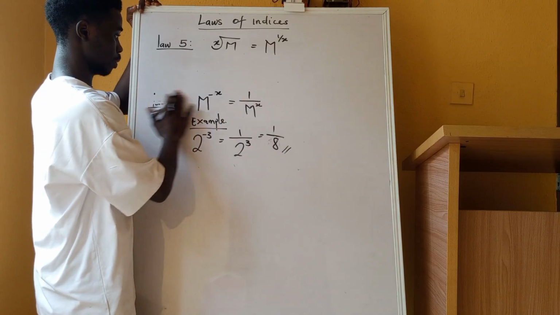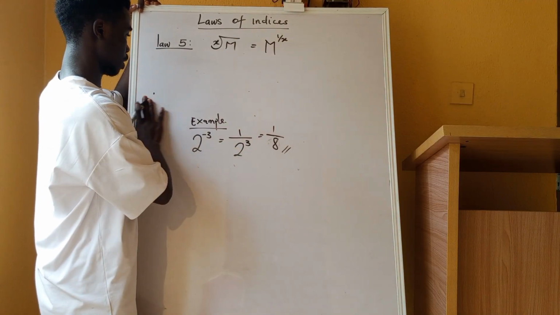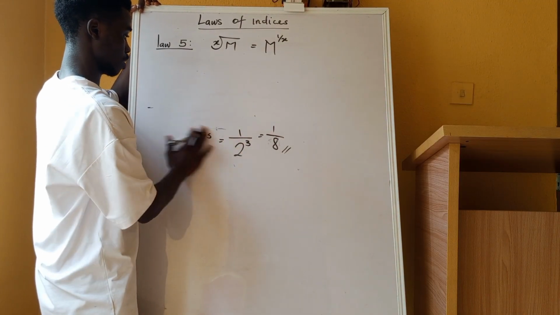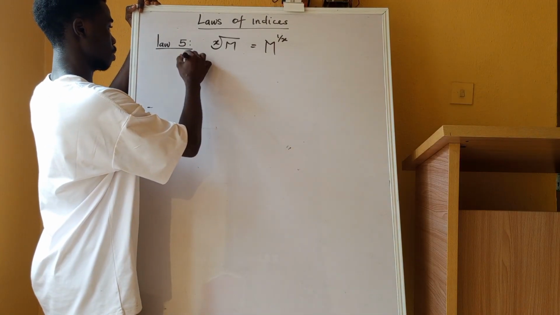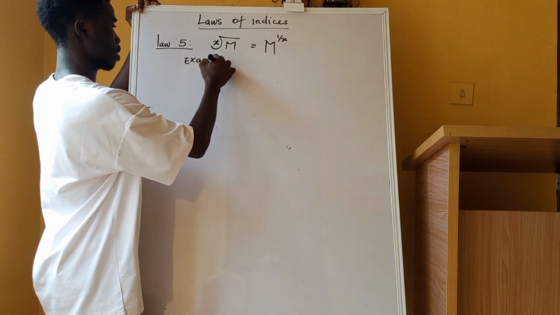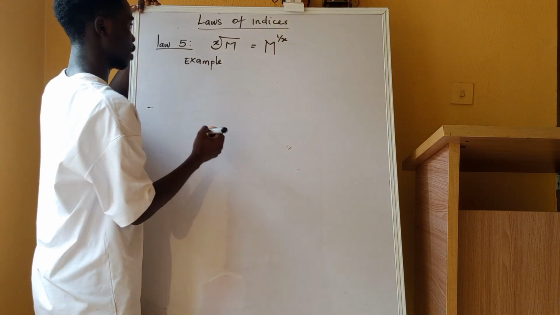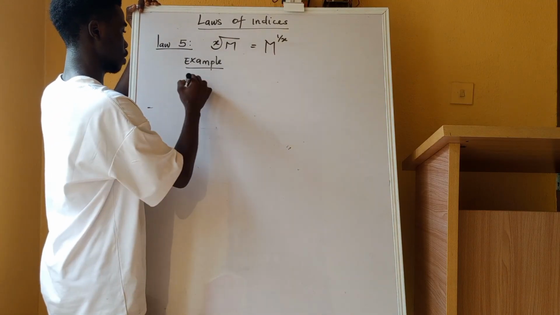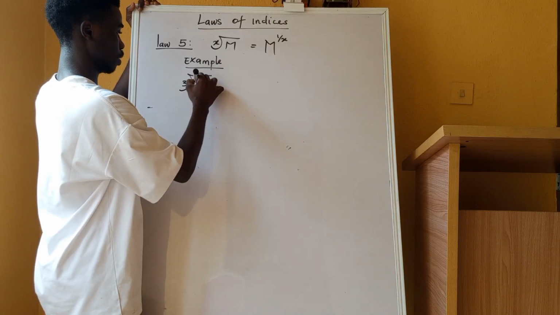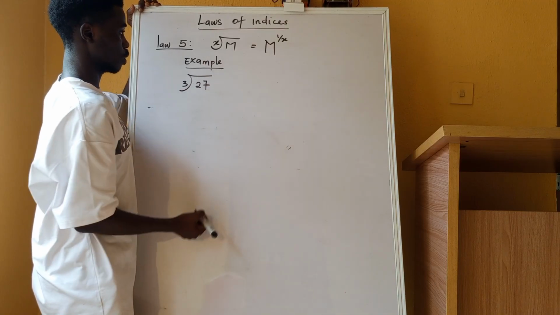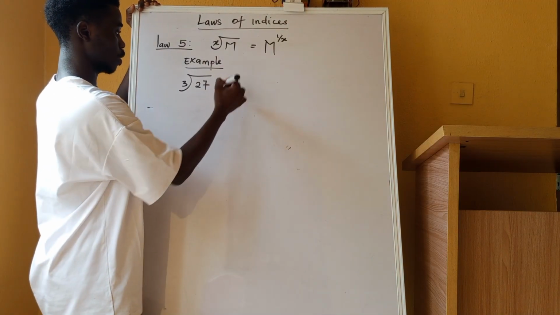So let's see an example. Let's say we have the third root of 27.